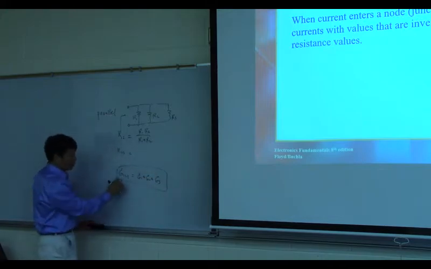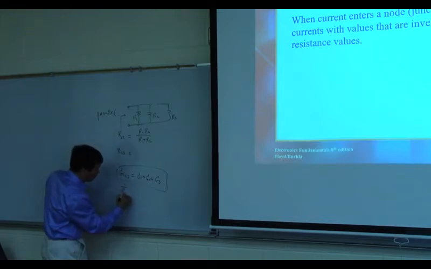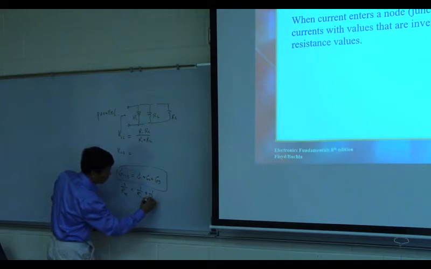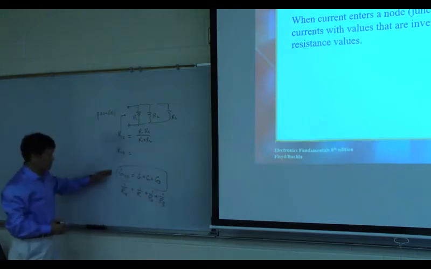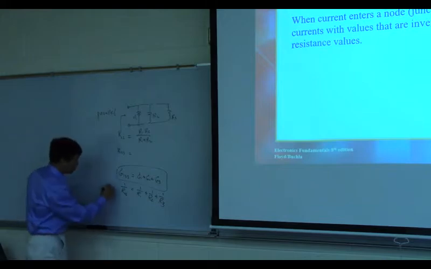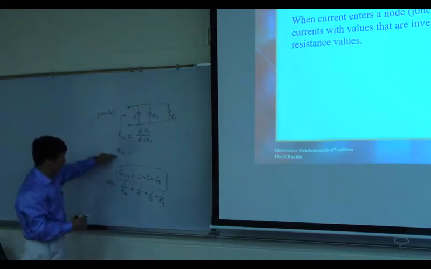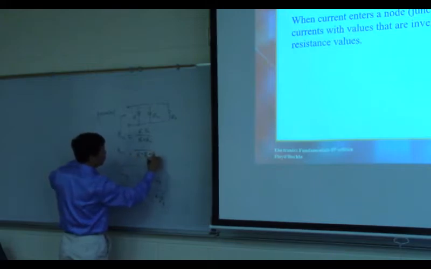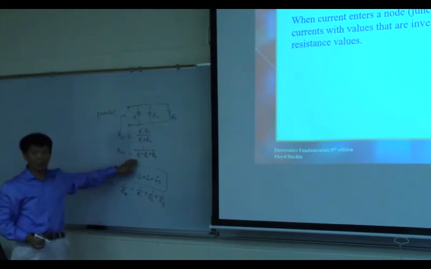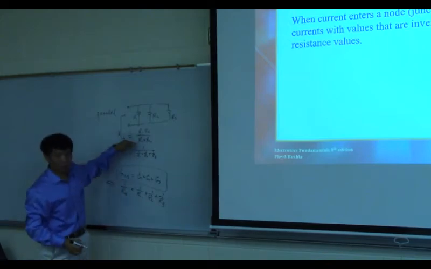And this one means 1 over R123, this one means 1 over R1, this one means 1 over R2, and this one means 1 over R3. So this is equivalent to 1 over R1 plus 1 over R2 plus 1 over R3, very similar to what we mentioned before.